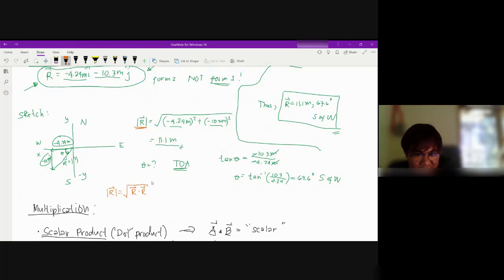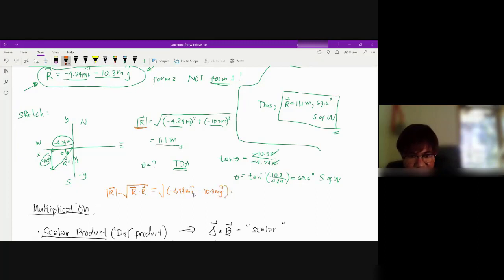Right? So now, for the scalar product with itself, only the same components contribute. So we have minus 4.24 meters I hat and then you have 10.3 meters J hat.